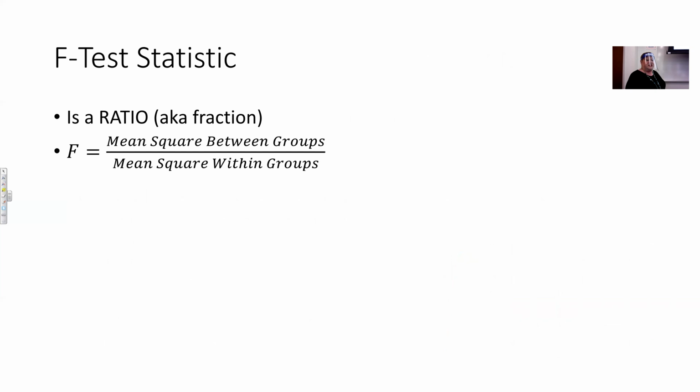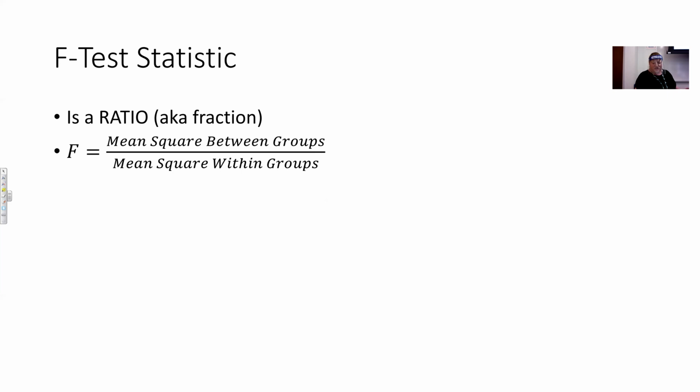Okay, so we calculate the F test statistic. And again, it's a ratio, it's a fraction. The true definition of the F test statistic is, we're going to let Minitab do it for us, but we calculate the mean square between the groups and we divide it by the mean square within the groups.